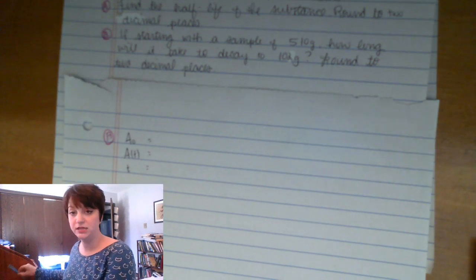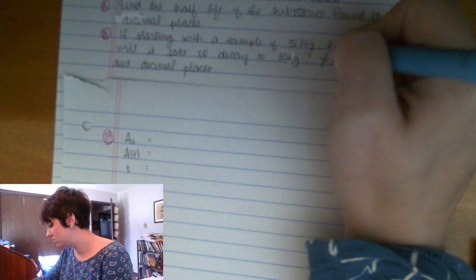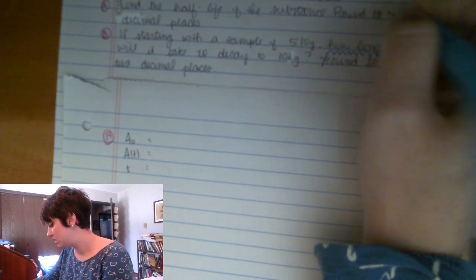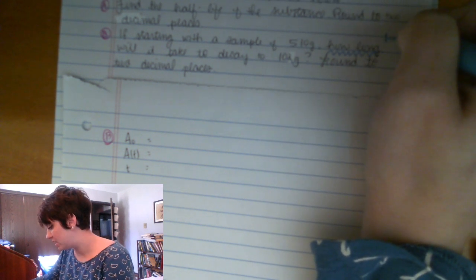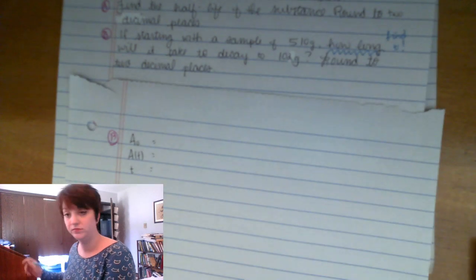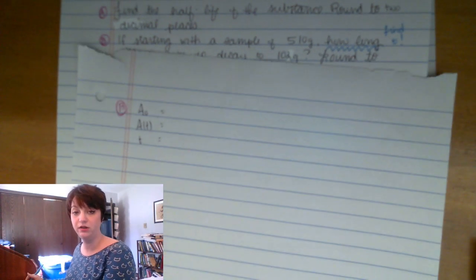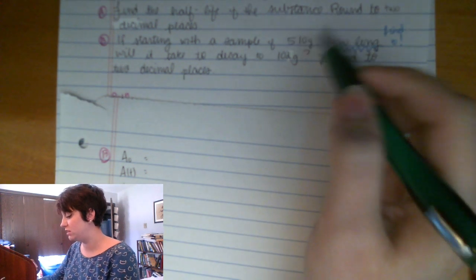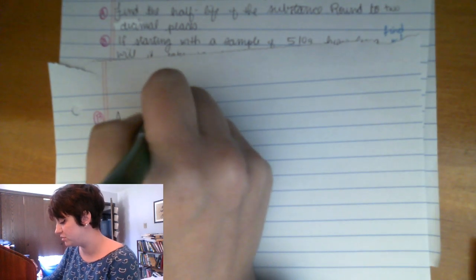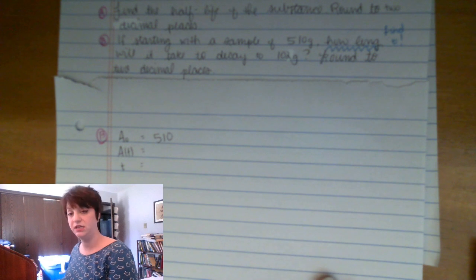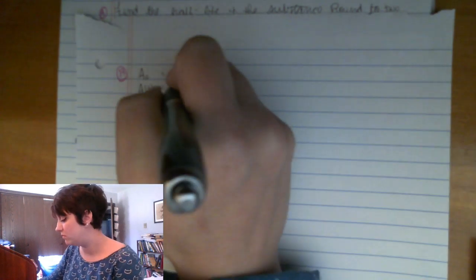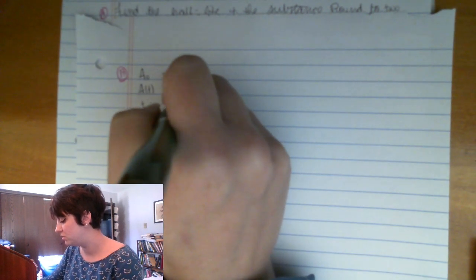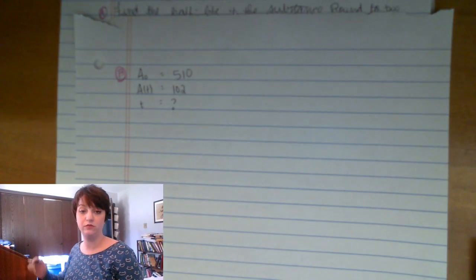Because it says how long, that means we need to find t. So everything else needs to have a value except for t. A naught is how much I start with, in this case 510 grams. A of t is how much I have now, which is 102. My time is the thing that I'm looking for, my question mark.